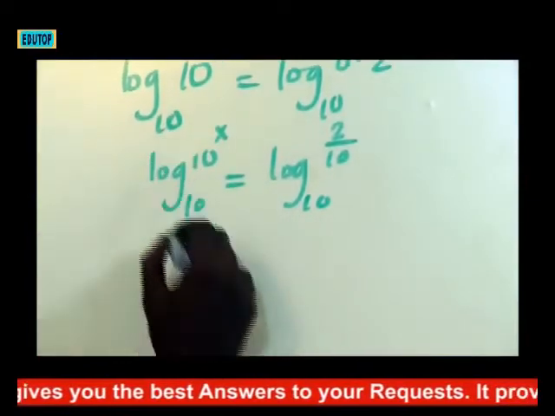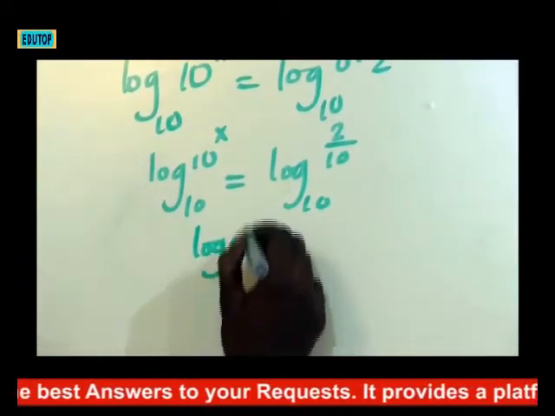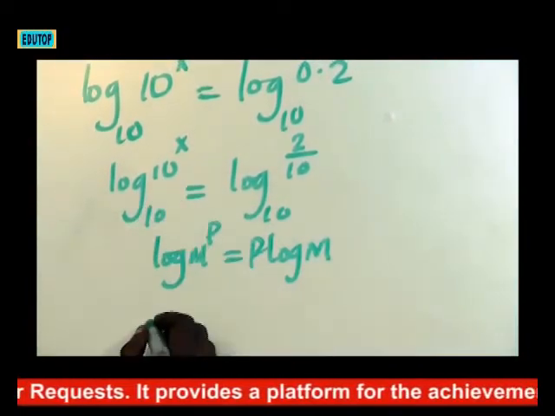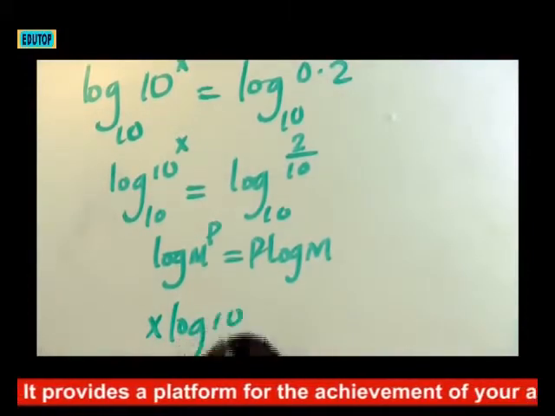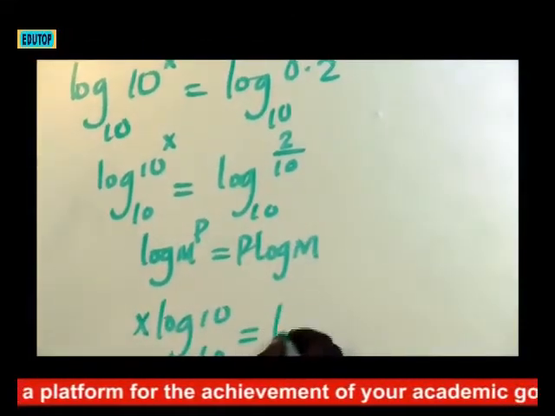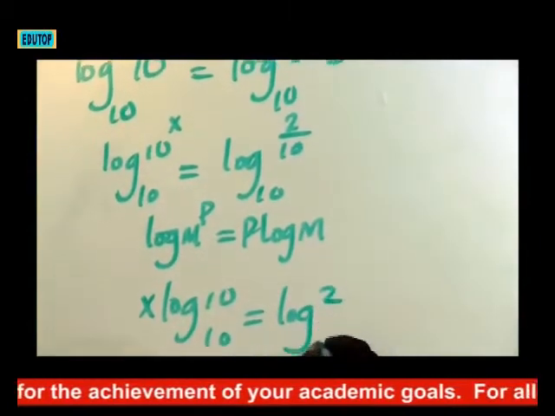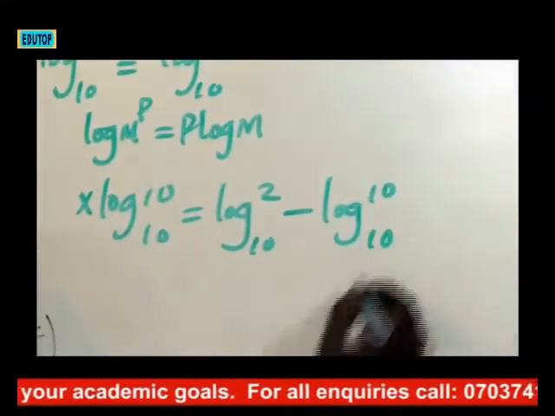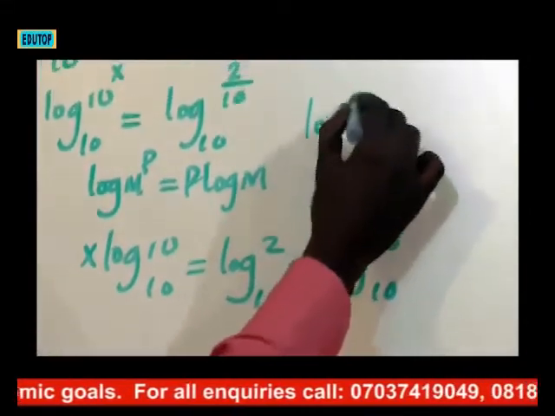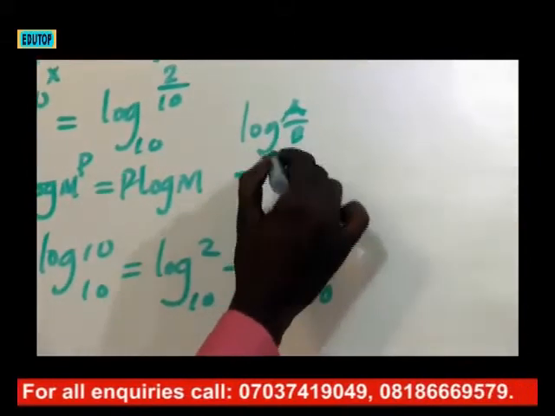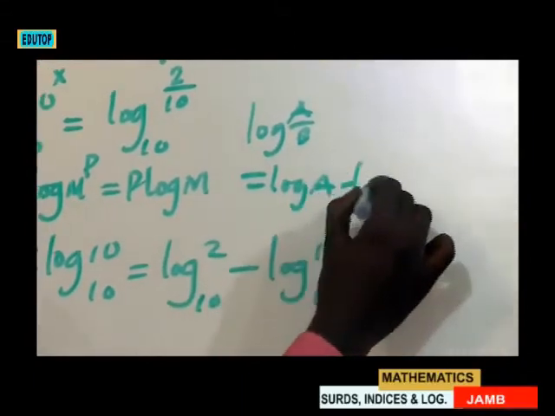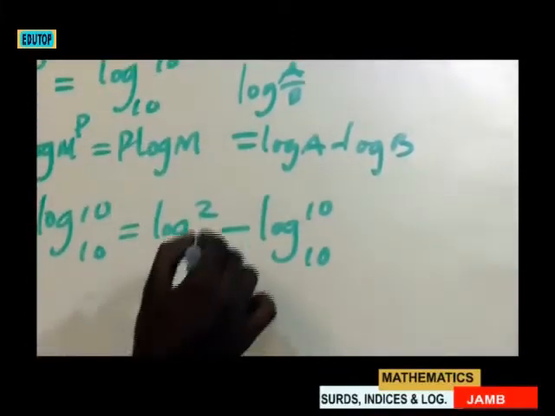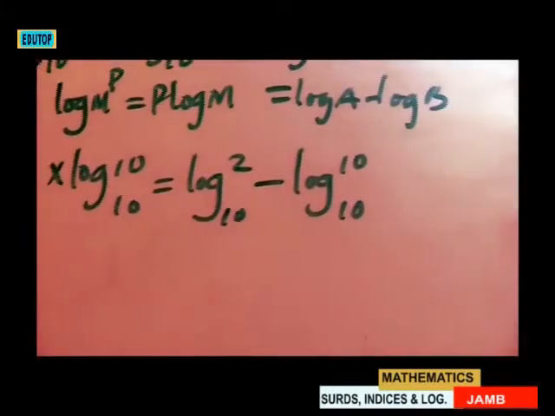Then by this law that says that log m raised to power p is the same thing as p log m, I can write this one as x log 10 base 10 equals log 2 base 10 minus log 10 base 10. Remember that law that says that log a over b, that's the second law of logarithm, is log a minus log b. That is what I applied here.